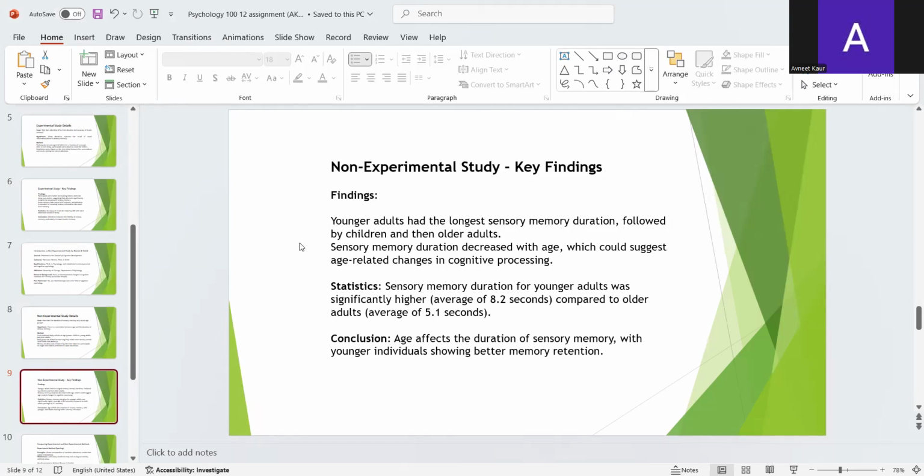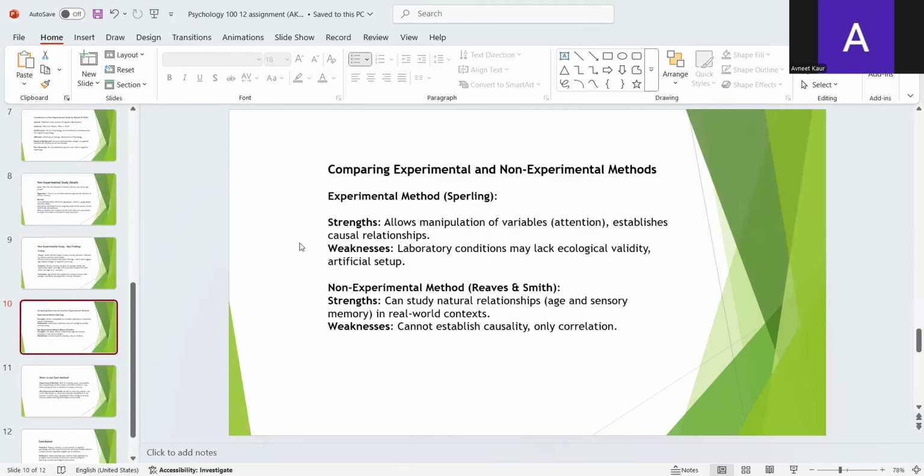If I talk about the statistics, sensory memory duration for younger adults was significantly higher compared to older adults. The conclusion of the non-experimental study is that age affects the duration of sensory memory, with younger individuals showing better memory retention than older ones.